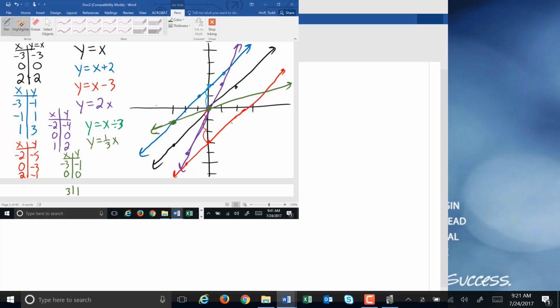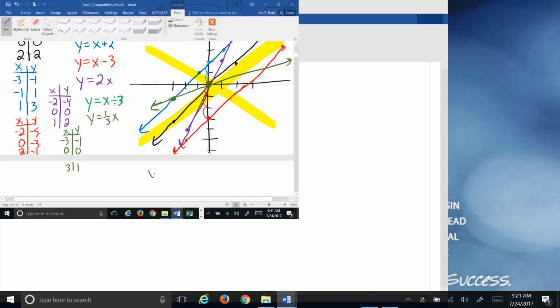So far, though, you'll notice all of these lines, as we go left to right, go up. How would we make one go down, you think? Multiply by a negative.